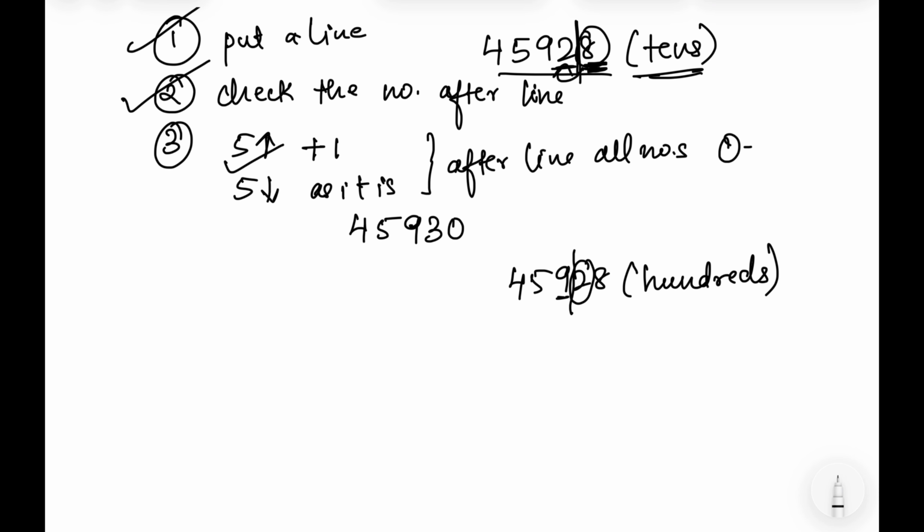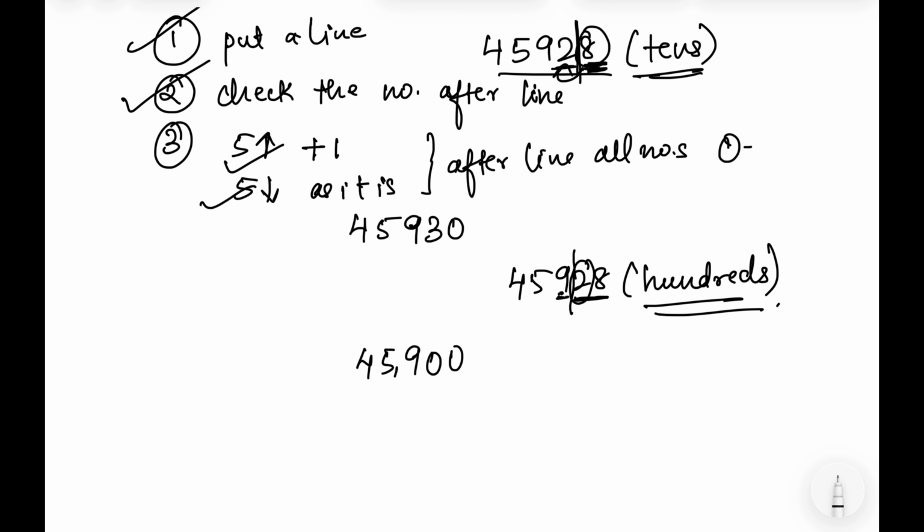Second step also done. Is it more than 5 or less than 5? It's less than 5, so we keep this number as it is. And these two numbers will become 0. So this is 45,900 when we round off to the nearest hundreds.